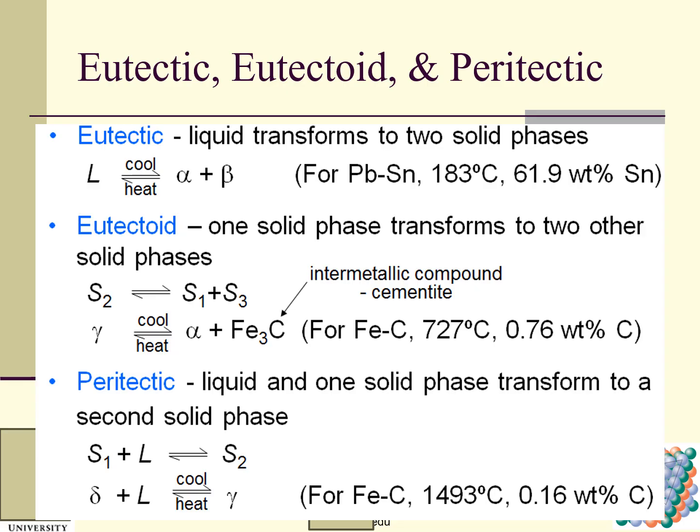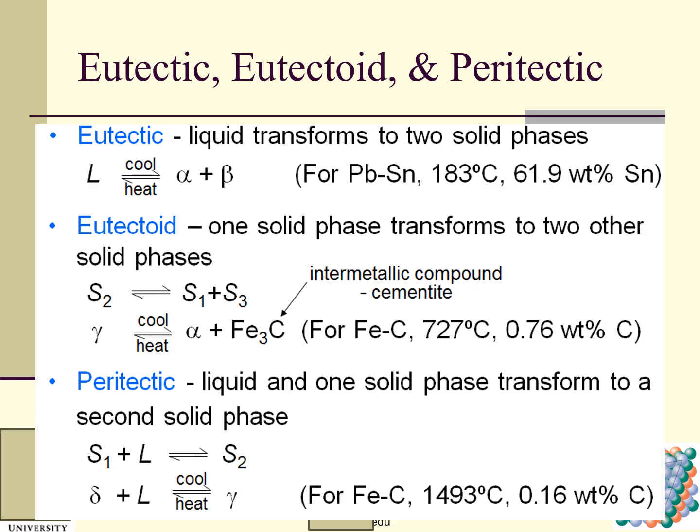And the second one is eutectoid. One solid phase transforms to two other solid phases. So the equation can be written as S2 goes to S1 plus S3 for cooling, and then heating S1 plus S3, we will get S2.